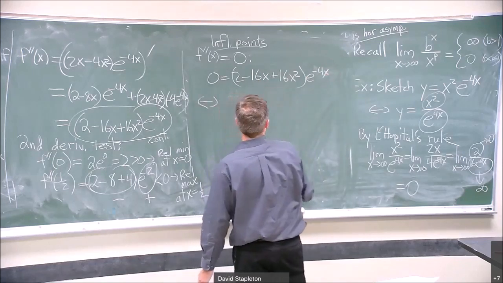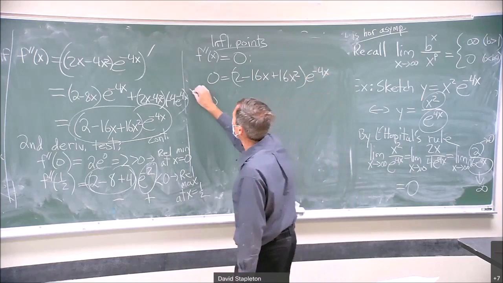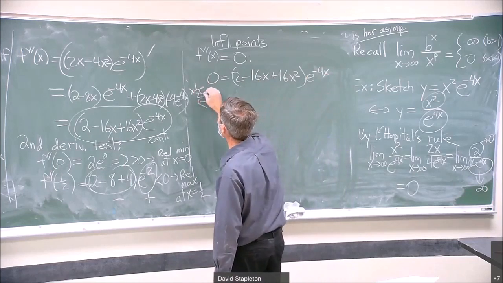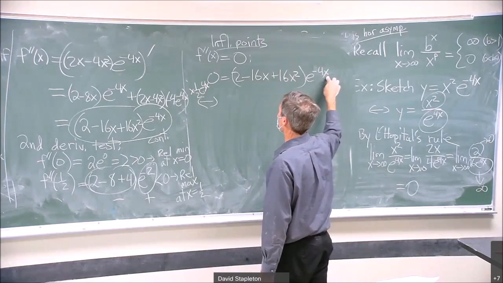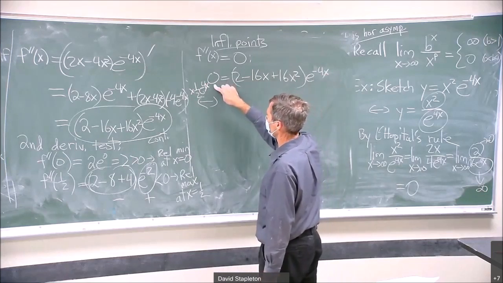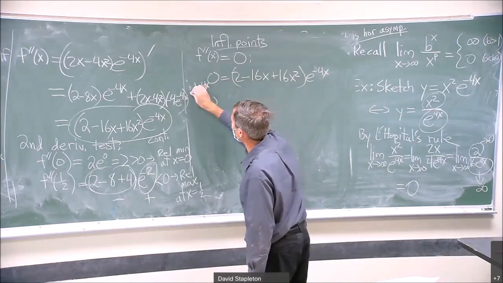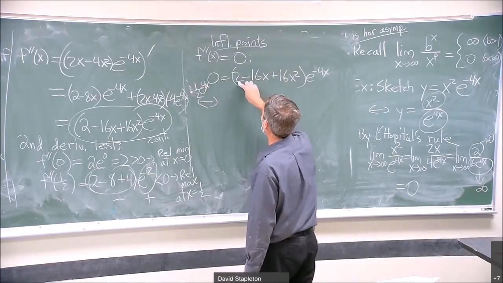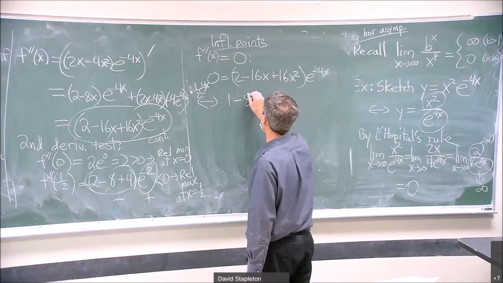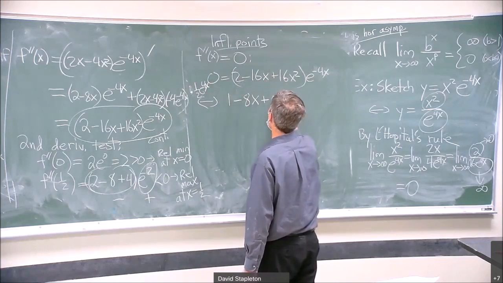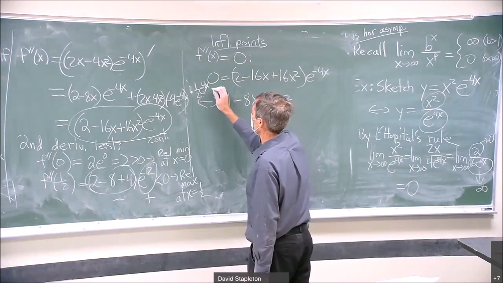In fact, let's multiply by 1/2 e to the 4x. The e to the 4x will cancel the e to the minus 4x on the right, and the 0 will still be 0 on the left. And then the 1/2 will reduce this to 1 minus 8x plus 8x squared, all equal to 0.